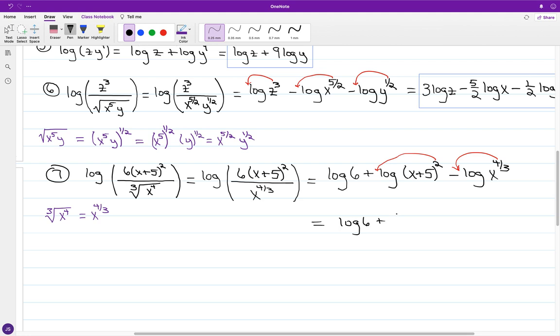So we're going to have the base 10 logarithm of 6, plus 2 times the base 10 logarithm of x plus 5, minus 4/3 of the base 10 logarithm of x.